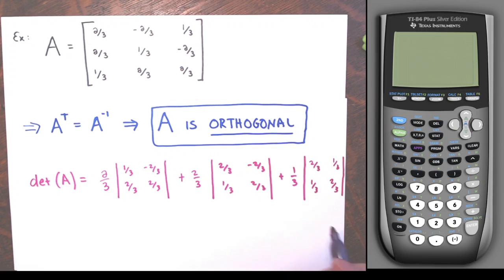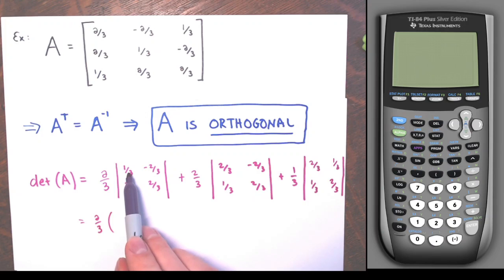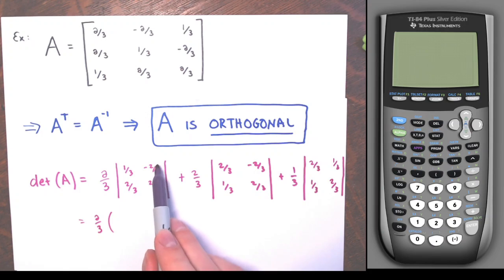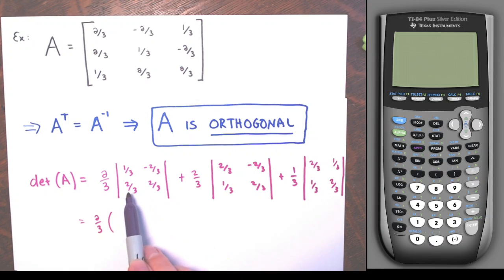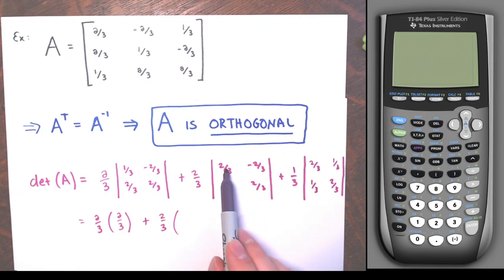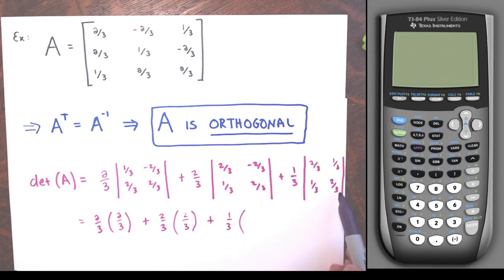So this is 2/3 times, let's see, this would be 2/9 plus 4/9. So 6/9 or 2/3 again, plus 2/3 times 4/9 plus 2/9 would be 6/9 or 2/3 again, plus 1/3 times 4/9 minus 1/9 would be 3/9 or 1/3. And this is 4/9 plus 4/9 plus 1/9. That's 1.